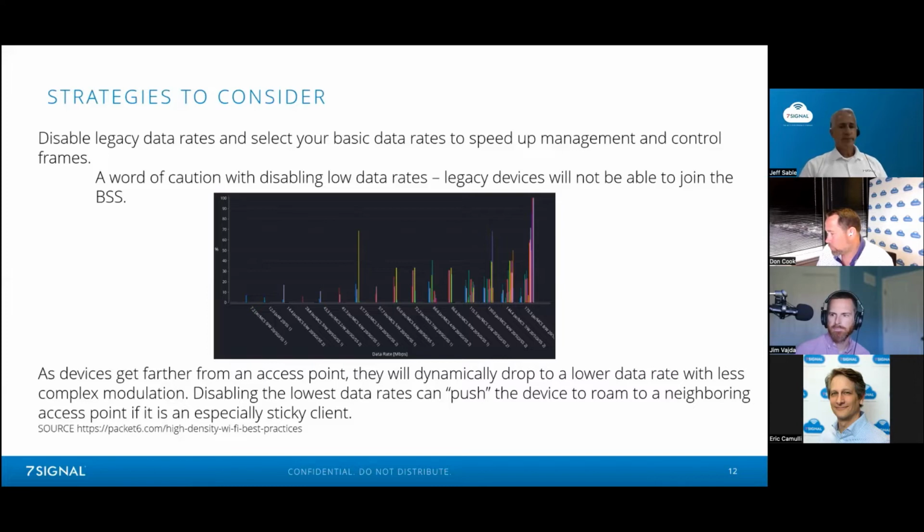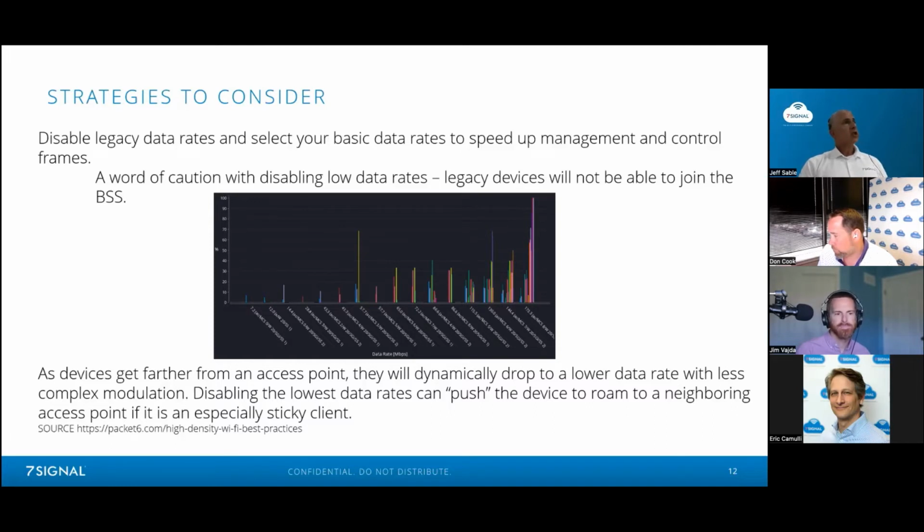Yeah, that's right. The dynamic rate shifting that clients and APs do happens as signal strength starts to degrade and the noise floor comes up. As a client gets further away, it has a poor signal it's receiving from the AP, and so it will respond by using a lower data rate that has a better likelihood of being received further away.